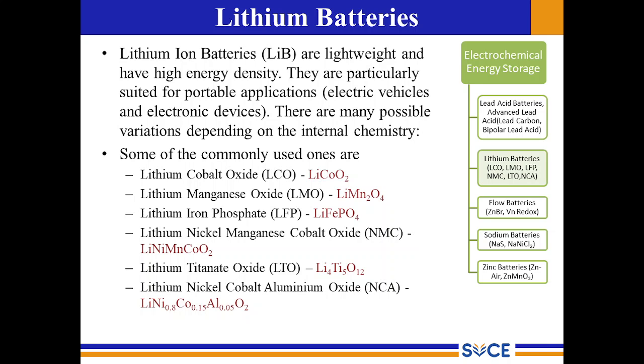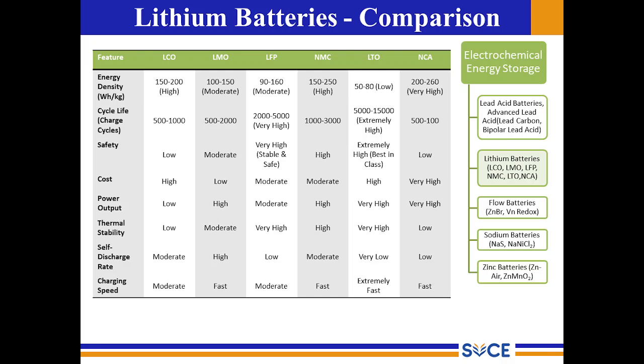So we will directly go to the comparison of these batteries, which we discussed earlier. Energy density: the lowest is given by LTO batteries, 50 to 80 watt hour per kg. Highest is by NCA batteries, which is 4 times more, 200 to 260 watt hour per kg.